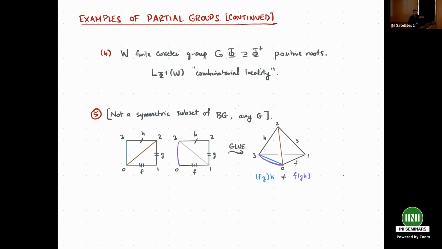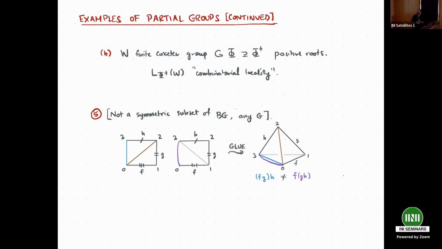Here's an example that's not, which comes back to David's question, I think, in the middle of Julie's talk. One way to build an example that's not a symmetric subset of VG is to build in some non-associativity. The way you can do that is, you take the front two faces of a 3-simplex, back and bottom face, and now glue those along their spines.